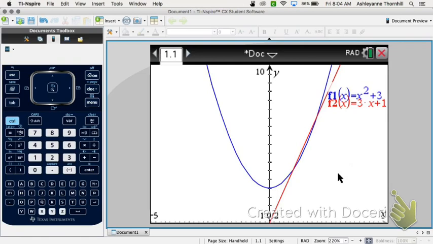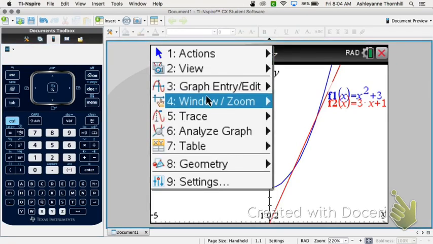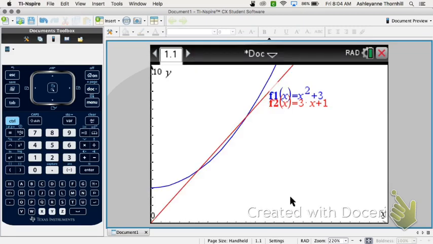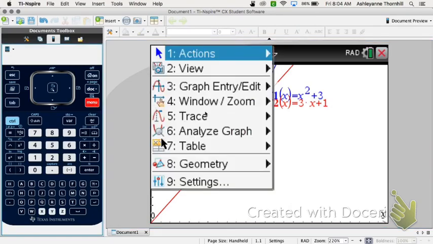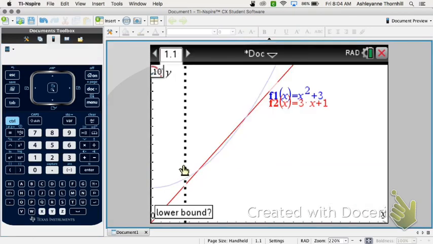I need to change my x min and max, so let's make it 0 to 5. There we go. Can y'all see that now? Okay, and then I want to see where they intersect.